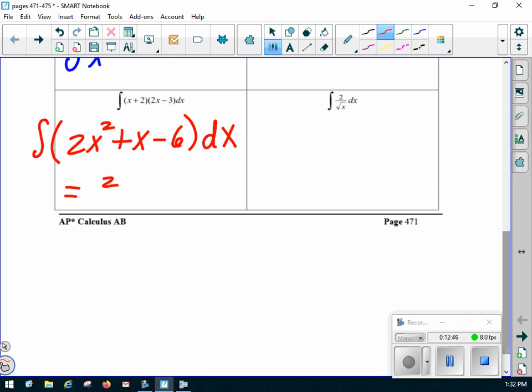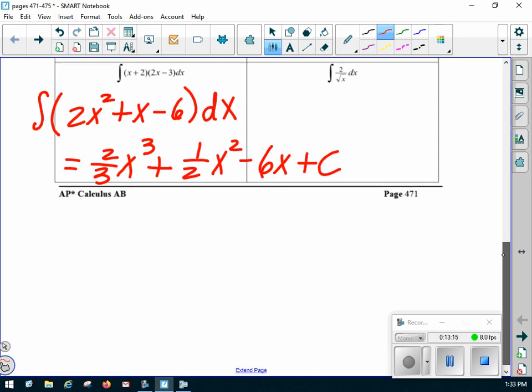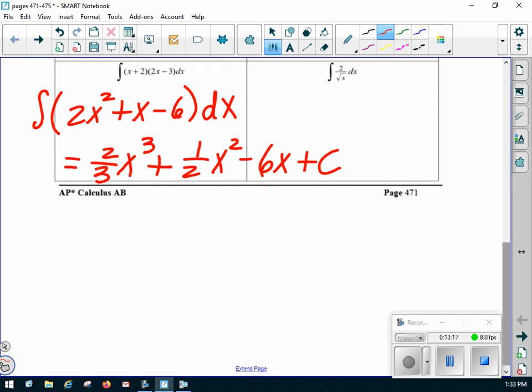Two-thirds x cubed, one-half x squared, minus 6x plus a constant. Questions so far? Okay, last one here.